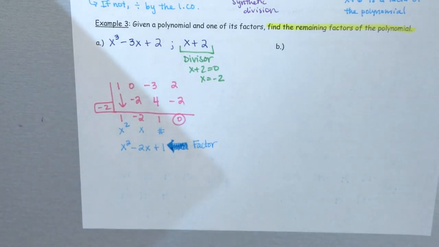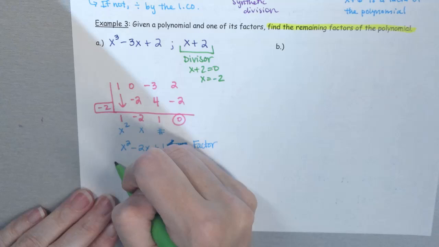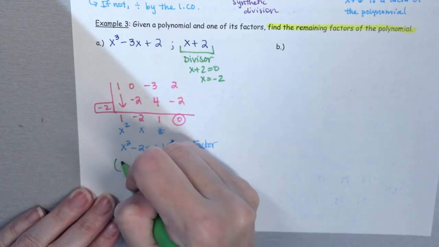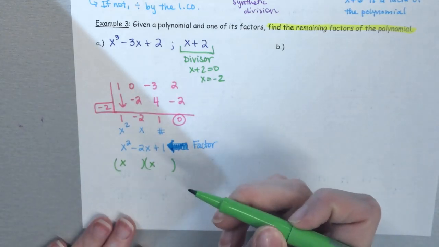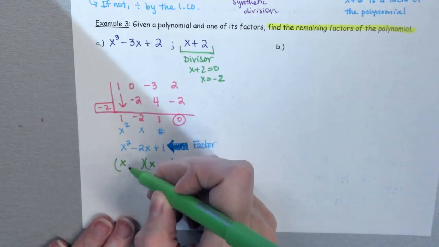If I factor this, I'm looking for two numbers that multiply to positive 1 but add to negative 2. What are they? Negative 1. Yep.